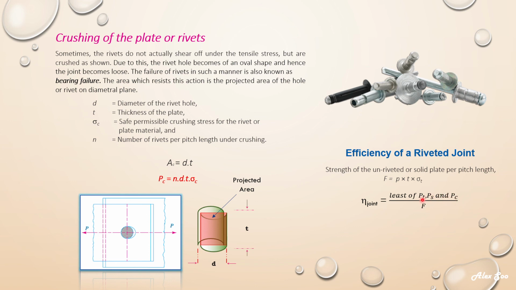And then after calculating all these three values, you have to choose the smallest value among them. You have to choose the smallest and divide it by the strength of the solid plate that we considered just now. Then multiplied by 100%, you will be able to determine the joint efficiency.